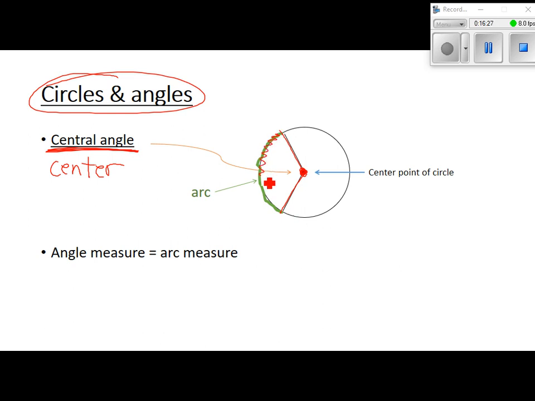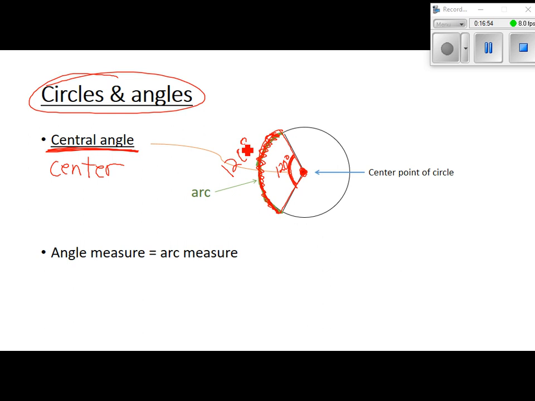It cuts off this arc of the circle. The measure of that arc, how many degrees that arc is, is the same as the measure of that angle in the circle. So if that angle is 120 degrees, the measure of this arc out here is 120 degrees.